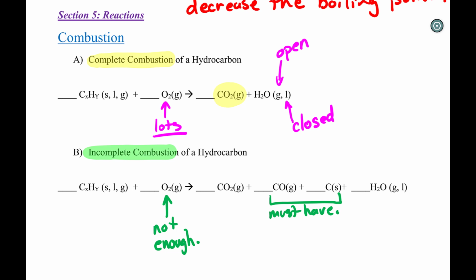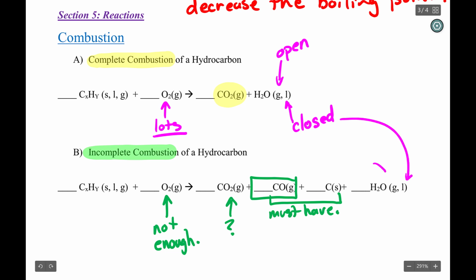Whether it's carbon dioxide and carbon monoxide and carbon particulates, or just carbon monoxide, you have to have one of those 2 at the end. You may have carbon dioxide, you may not. And the same is true about the water. You would have a closed system if it was liquid and an open if it was gas.